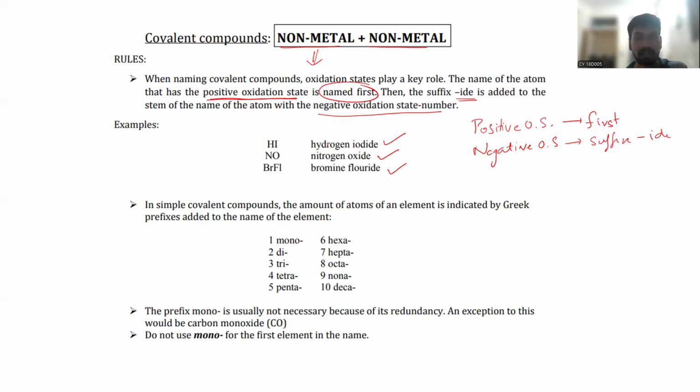Same thing here: hydrogen has a positive oxidation state, that's why it comes first. Iodide has a negative oxidation state, that's why it comes last. Same with nitrogen oxide and bromine fluoride.